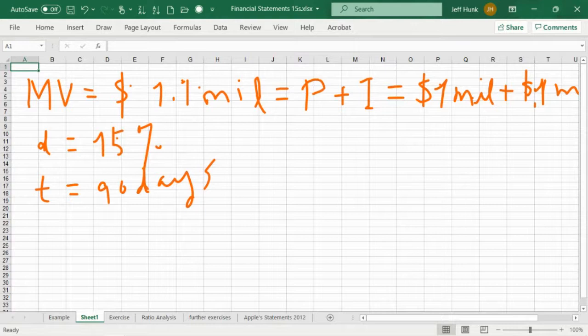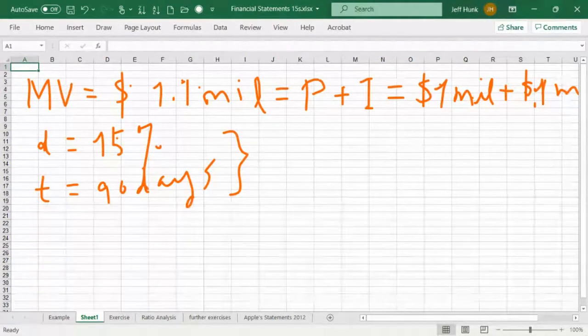Then the bank will use these two, the discount rate and time, to discount this maturity value.